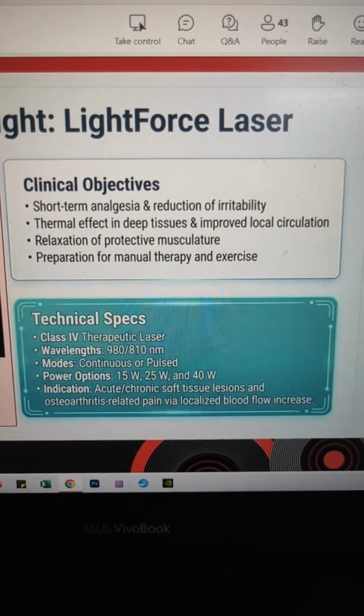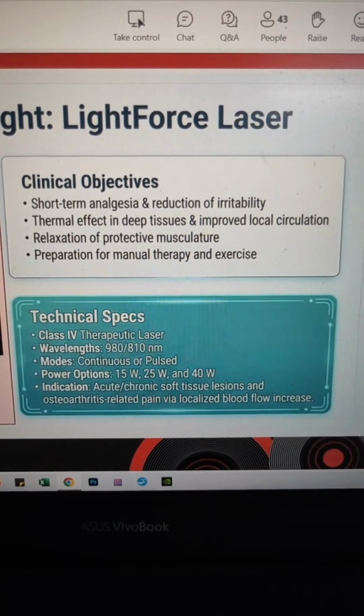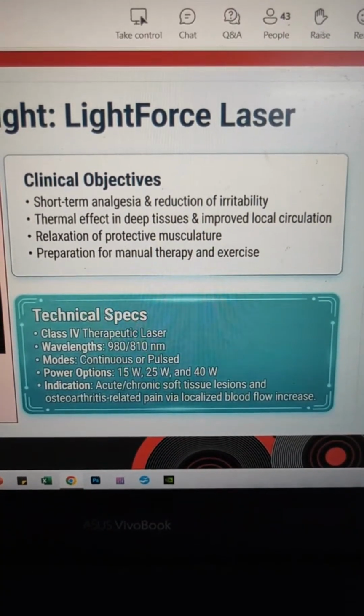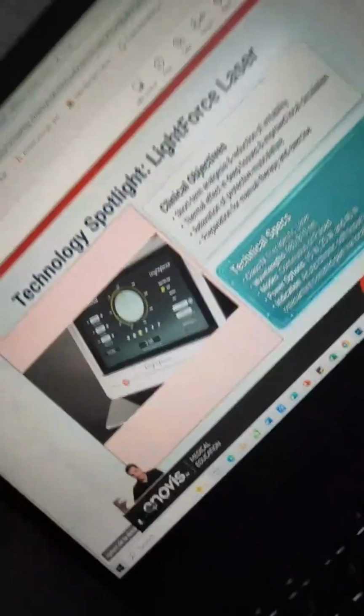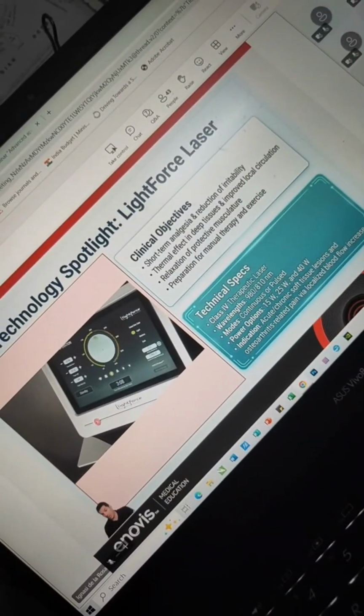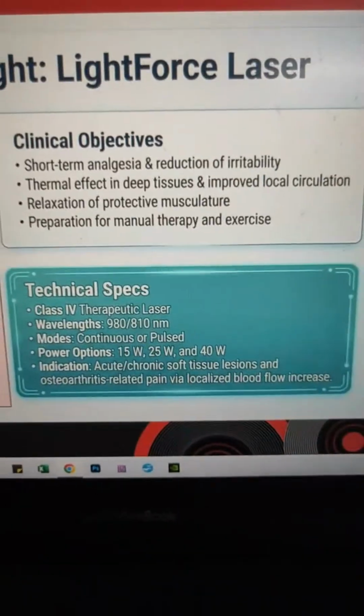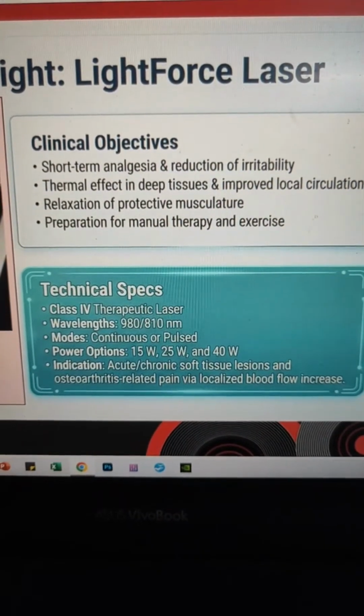Very, very interesting. Here we are combining wavelengths of 980 and 810 nanometers, and we can work either in continuous or pulsed mode if we want the dose to be delivered more gradually and to avoid the thermal effect. And with systems that can emit up to 40 watts continuously.